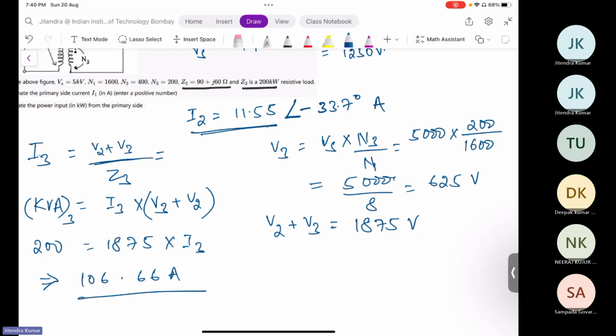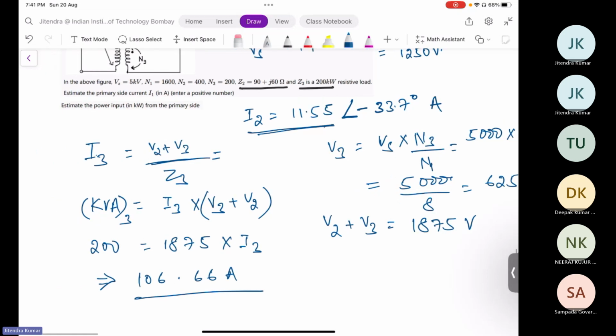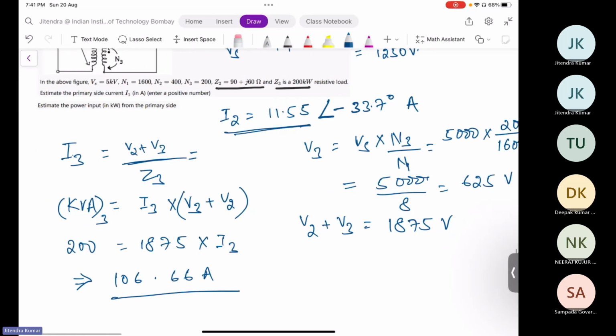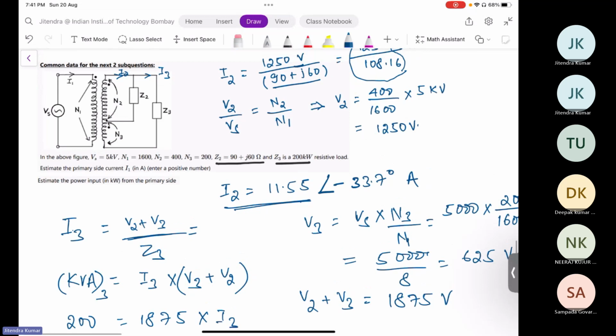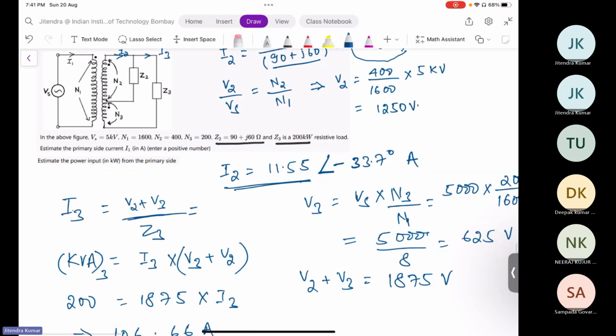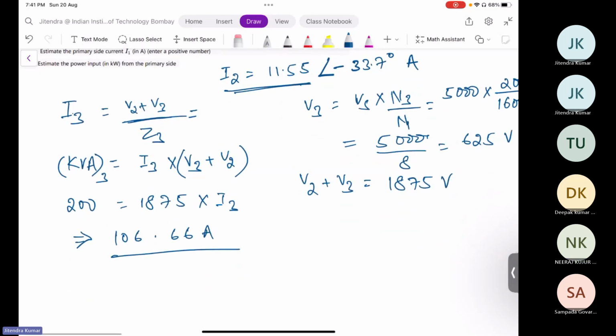Okay, so I guess I3 should be correct. But in the question, it is asking for primary current I1. So for primary current I1, we need to do the same transformation ratio.